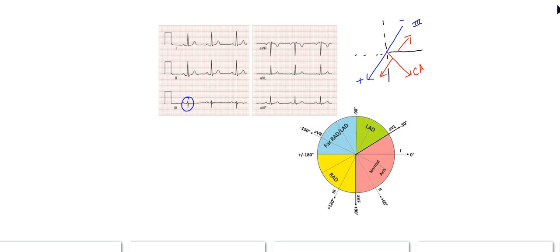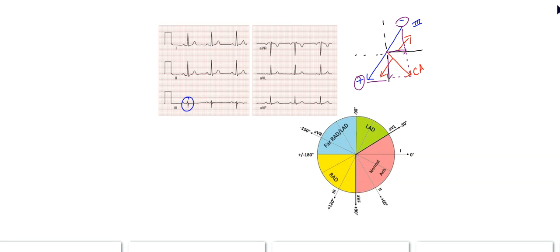So if you're looking at the component vectors here, you have an eastern vector and you have a southern vector. The southern vector would be responsible for which, the positive or the negative deflection? They're traveling in the same direction. What about this component that's heading away from the 3? That would be responsible for the negative.